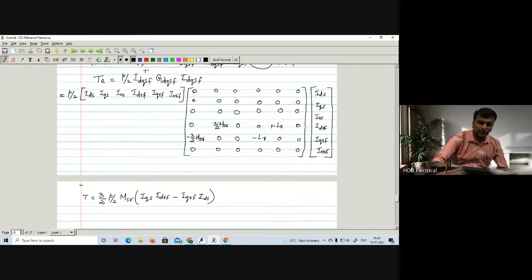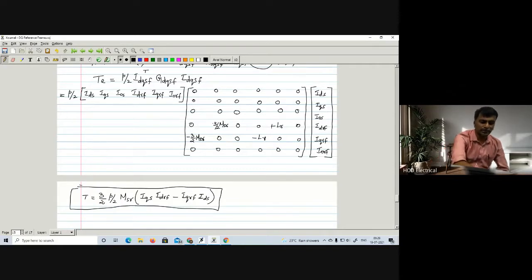This is the torque equation of the induction motor whenever the reference frame is rotating at the same speed as the stator.